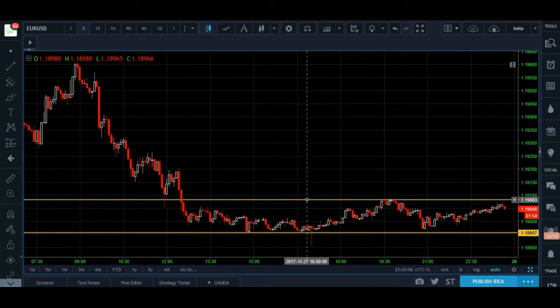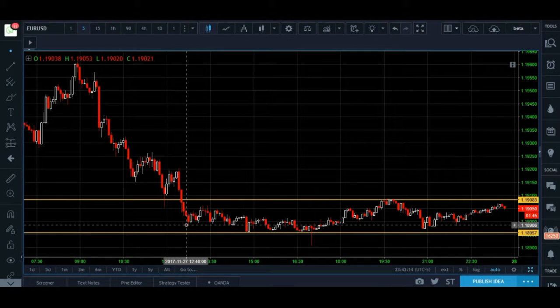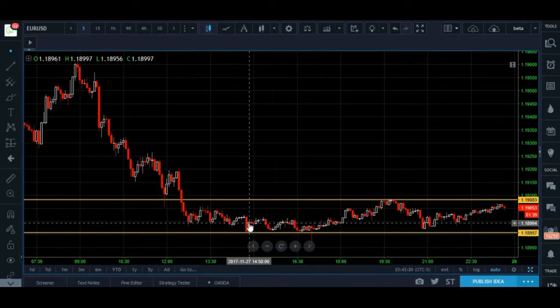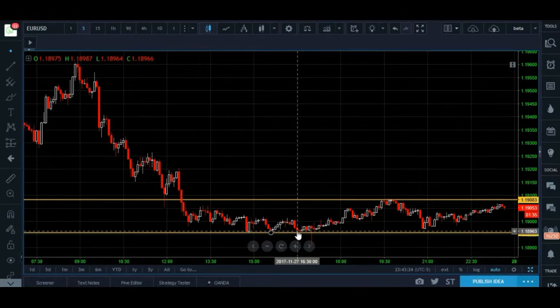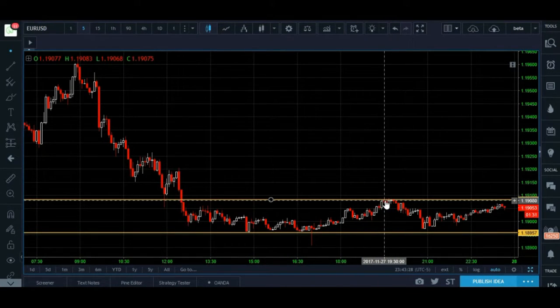So with that being said, this is what we have here. If you look back here, why do we have a floor and how do you identify a floor? It's simple. A floor is where price hits a stop, goes up, hits the stop once again, and then hits a level at the top, which will be its ceiling.